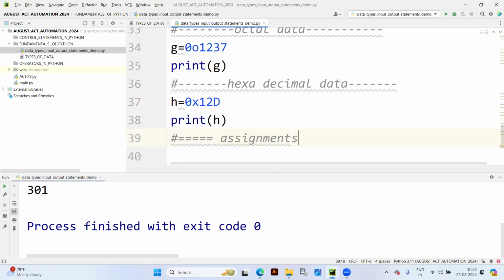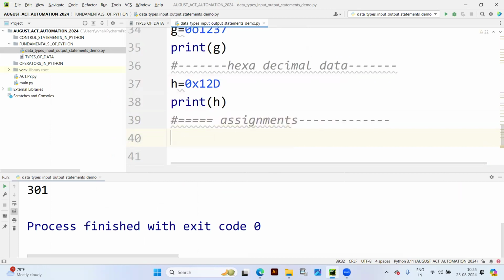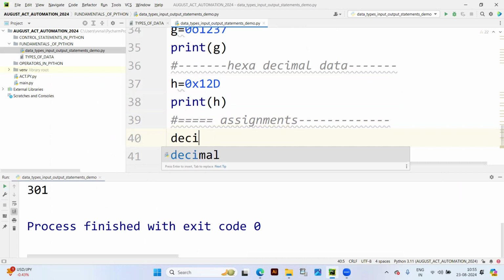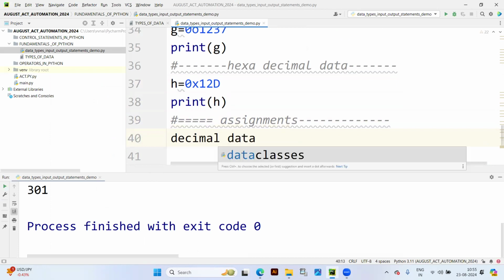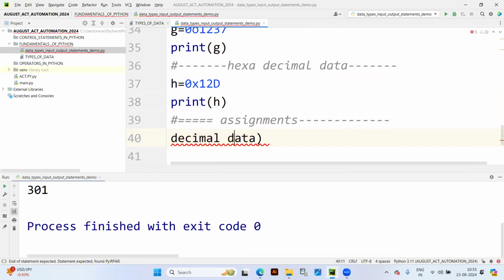Assignment. One form is a decimal data. If you have a decimal data, I want the desired data in binary data.